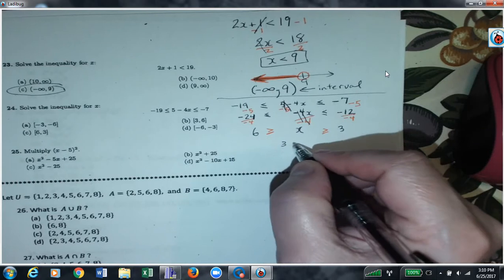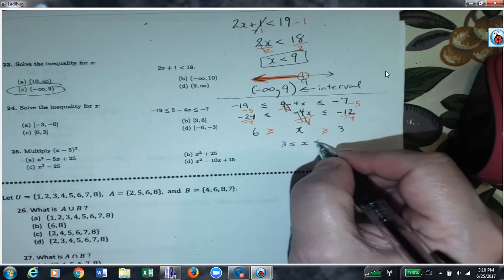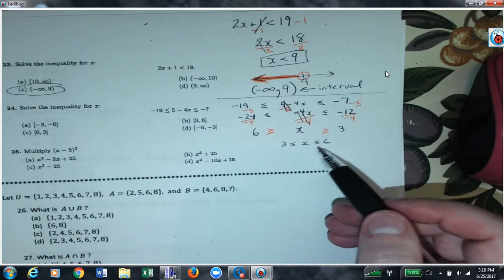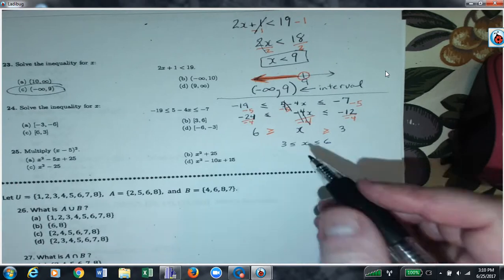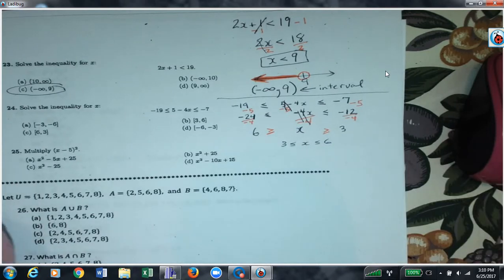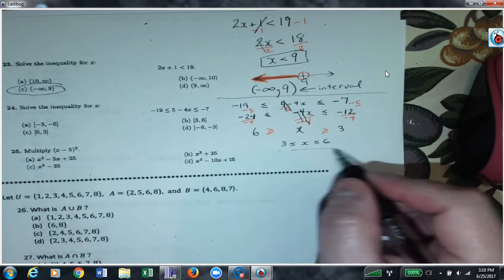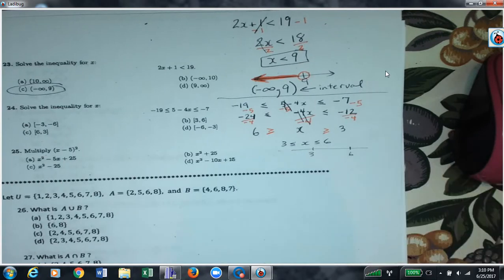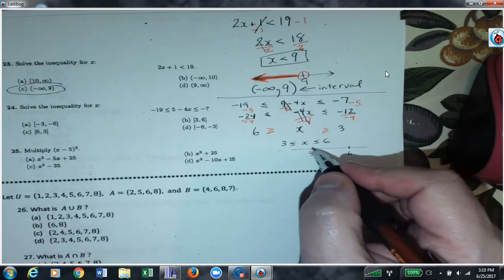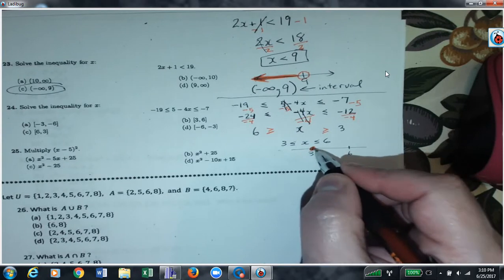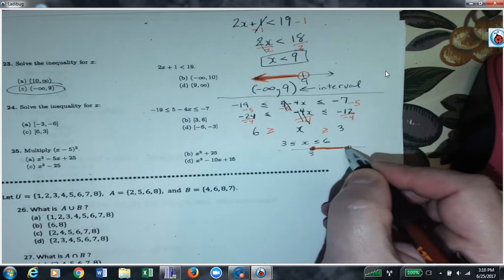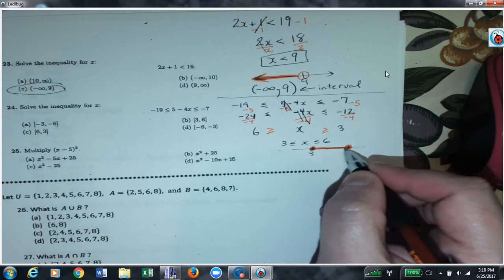Or I could write it like this. So if you swap these in, the symbols change as well. So on the number line, what does this mean? Well, x can be 3 or anything larger than 3 up to including x equal to 6.